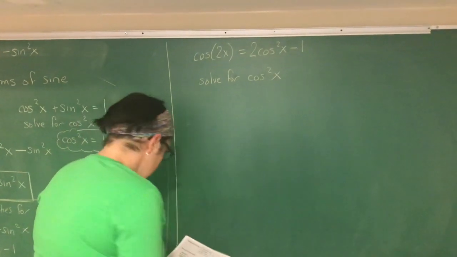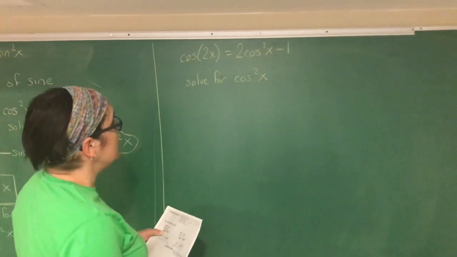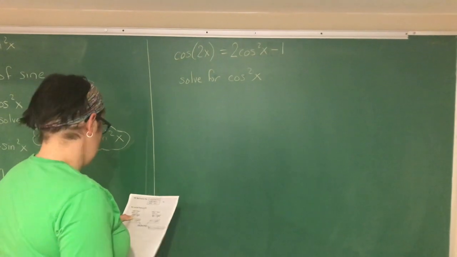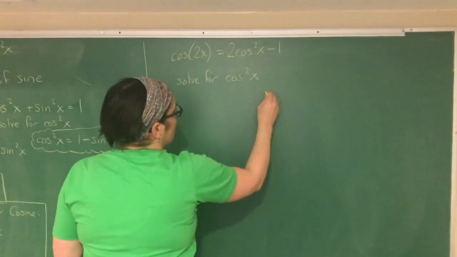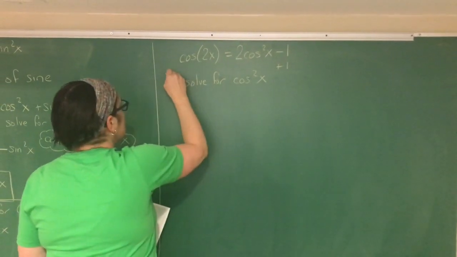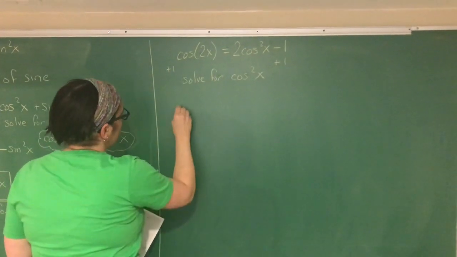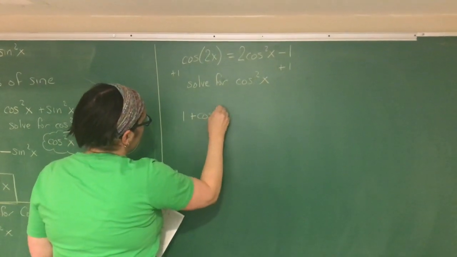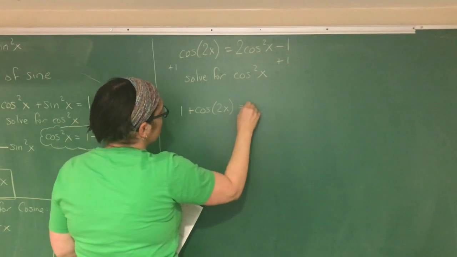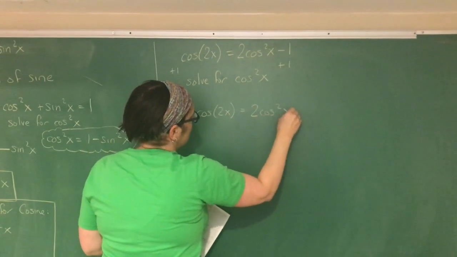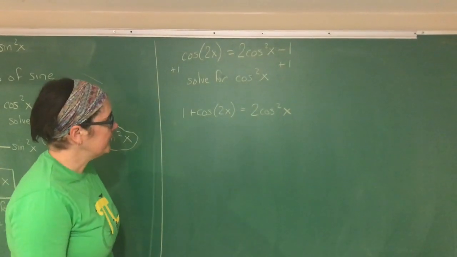The very first thing I want to do is add 1 to both sides. And so I have 1 plus cosine of 2x equals 2 cosine squared x.